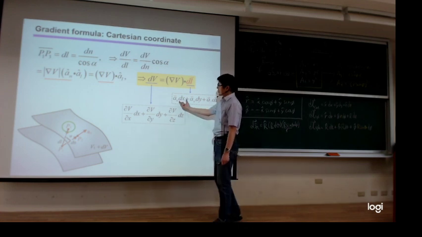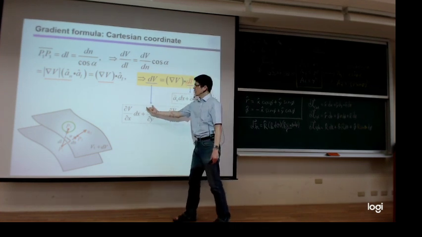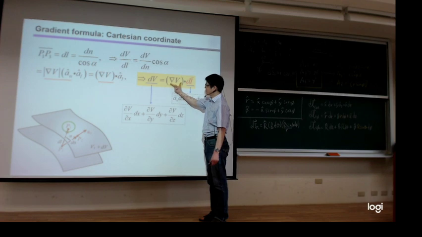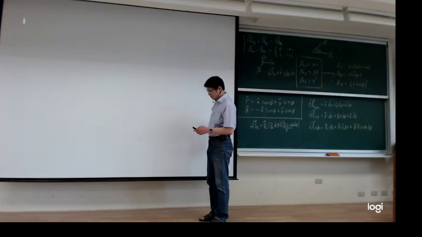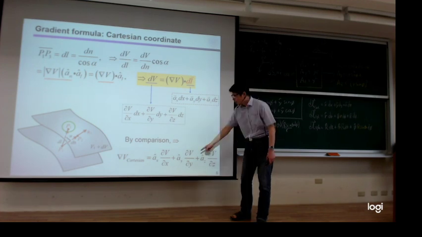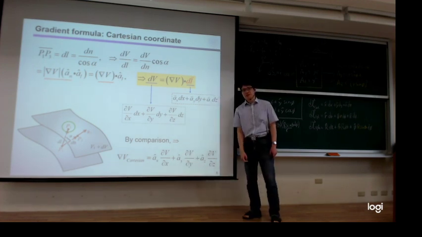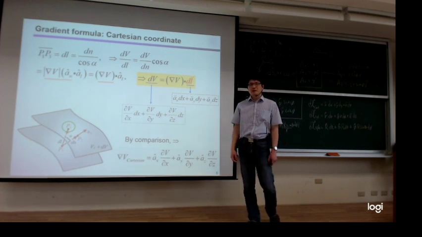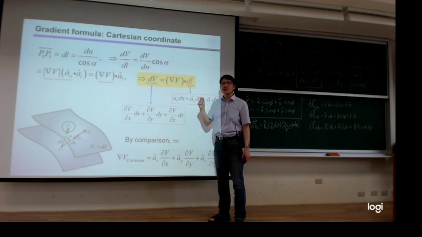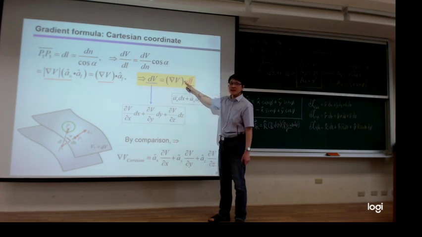You compare right-hand side to left-hand side. A scalar making a gradient becomes a vector, a vector making an inner dot product, so you must have the x component, the y component, the z component, right? So by definition, it tells you the gradient of a scalar function must be a vector. Otherwise, you cannot make a dot product with another vector.